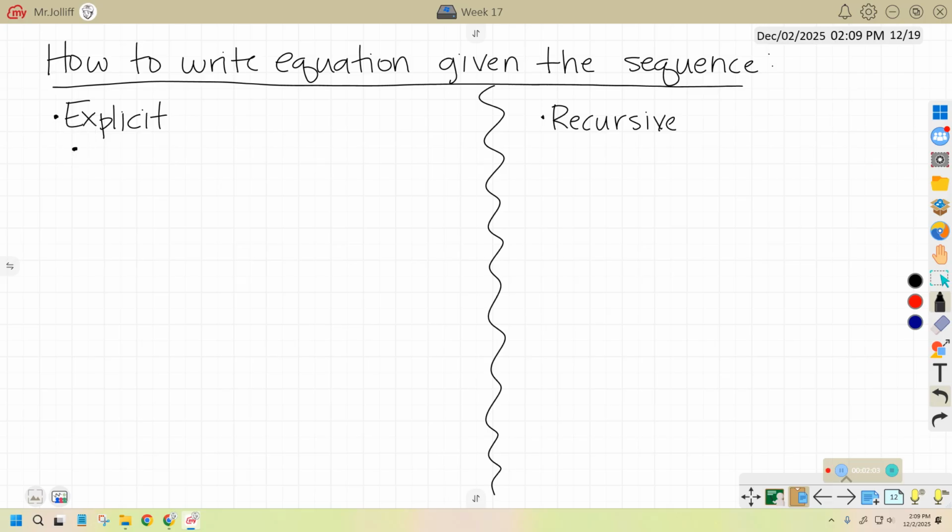The first thing that I would recommend doing if you're asked to write an explicit equation for a sequence is look for a pattern in the signs on the numbers. The signs on the numbers tell me something important.